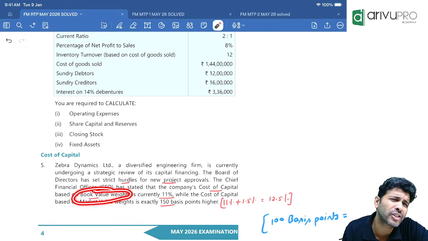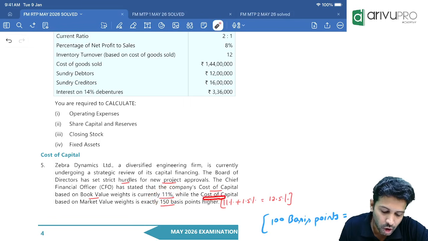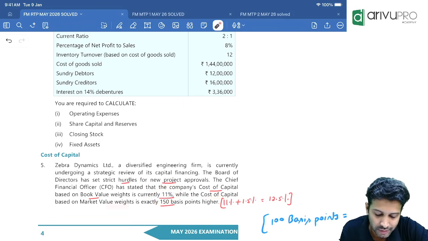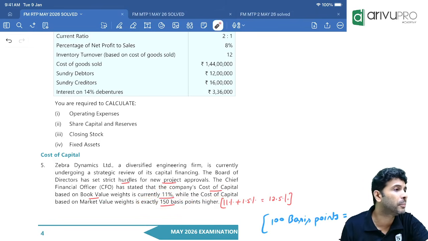Overall cost of capital Ko based on book value is 11%, while the cost of capital based on market value is 150 basis points higher. Sir, 100 basis points means 1%.